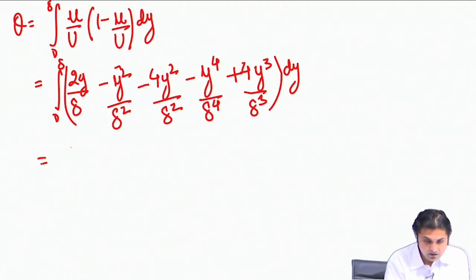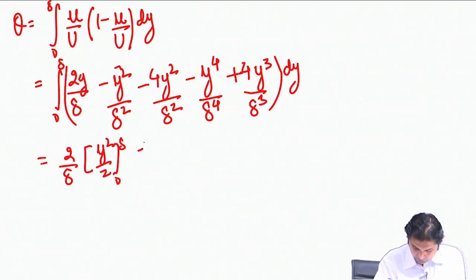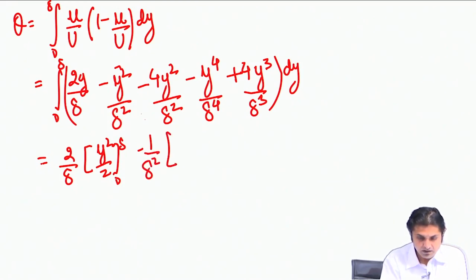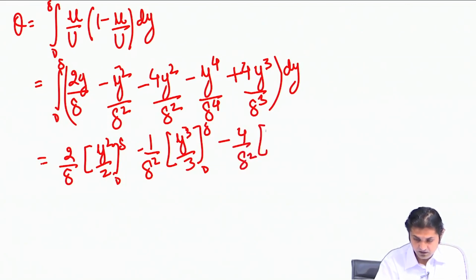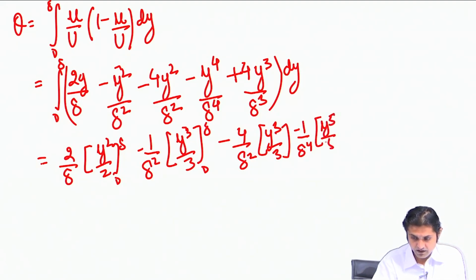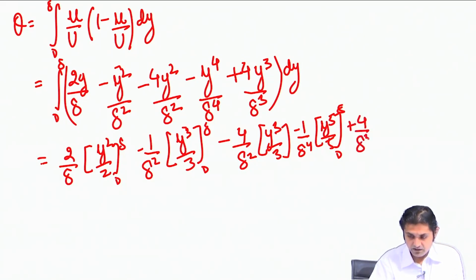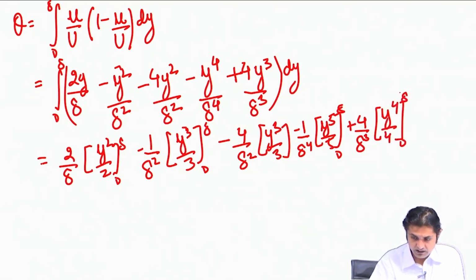This will be 2 by delta, y square by 2 from 0 to delta, minus 1 by delta square, and this y square will turn out to be y cube by 3 from 0 to delta, minus 4 by delta square, y cube by 3, and this will be minus 1 by delta to the power 4, and this will become y to the power 5 by 5 from 0 to delta, and the last term is going to be 4 by delta cube outside, and y cube becomes y to the power 4 by 4, from 0 to delta.